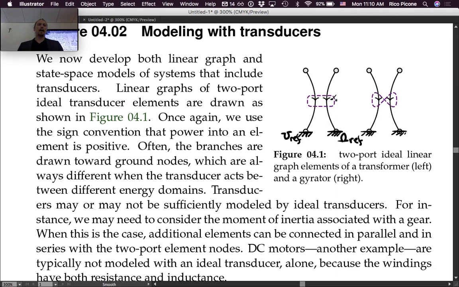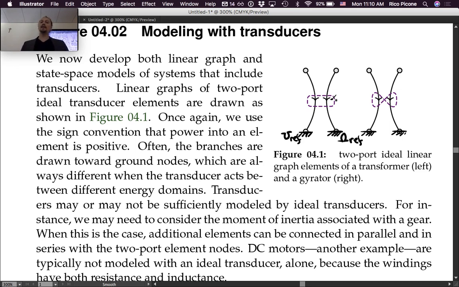Transducers may or may not be sufficiently modeled by ideal transducers. These are the ideal transducers that we've considered thus far. For instance, we may need to consider the moment of inertia associated with a gear.